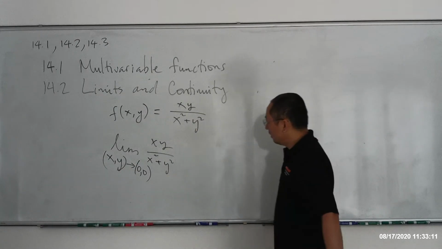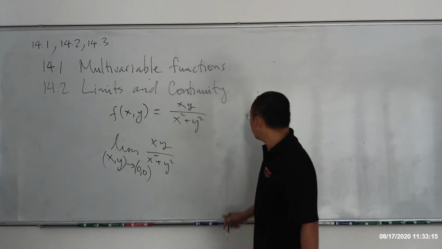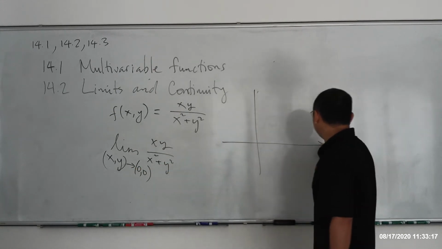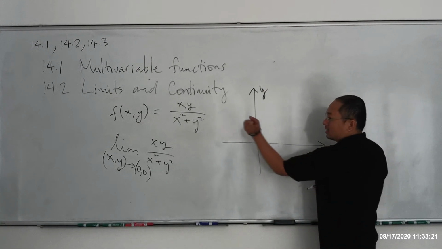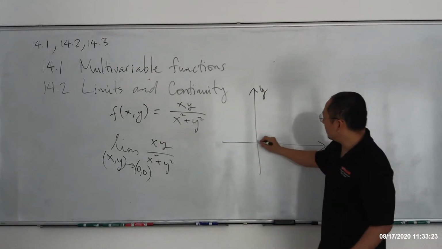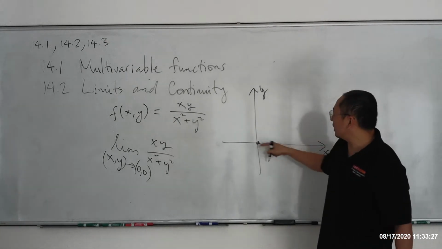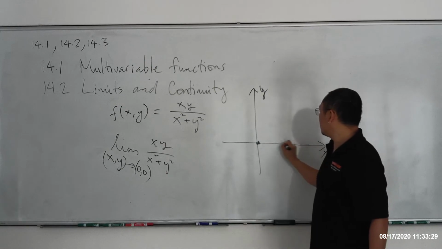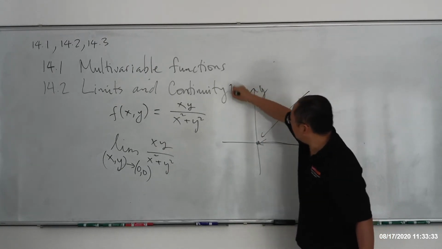So, there are many directions to approach 0, 0. Let me draw the xy plane, okay? This is the x axis, this is the y axis. Think of the z axis this way, coming out, okay? And this is the point 0, 0. Many lines and many curves can approach 0, 0. You can go to 0, 0 this way, you can approach the origin that way, or any other way.